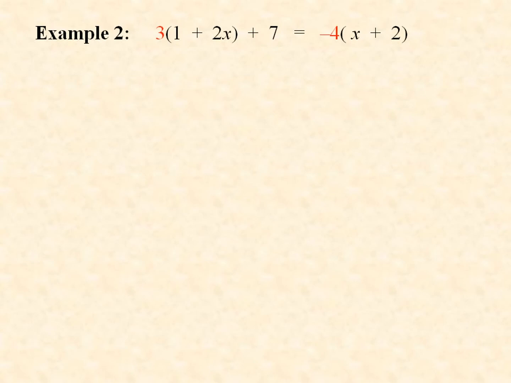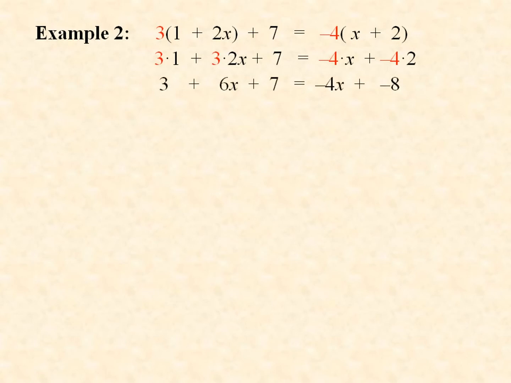On the right, we need to distribute the negative 4 over its parentheses. So we do that. On the left, we have 3 times 1 plus 3 times 2x, plus 7. On the right, we have -4x + (-4) times 2. That simplifies to 3 + 6x + 7 = -4x + (-8).